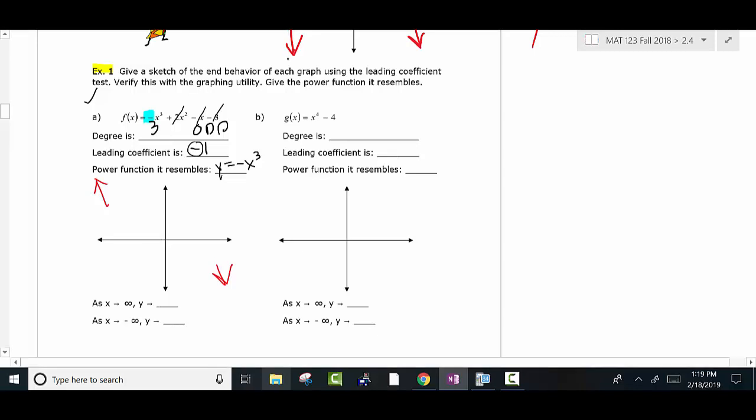Now this is what this jargon right here means. This says x goes to infinity. That means as x gets big, what happens to the y value? As x gets big, where does the graph go? Down, to -infinity. This part says as x goes this way, as x gets small, what happens to y? It gets big. So x gets big, y goes to -infinity, and if x gets small, y goes to positive infinity.